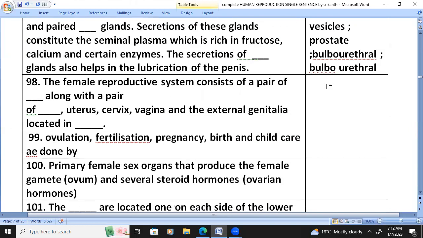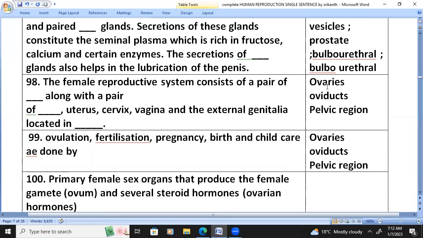The female reproductive system consists of a pair of ovaries along with a pair of oviducts, uterus, cervix, vagina, and the external genitalia located in the pelvic region.